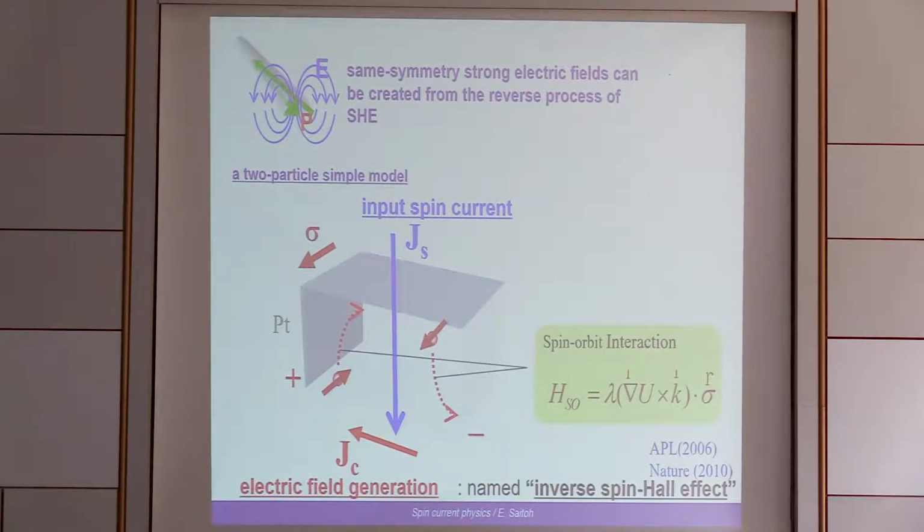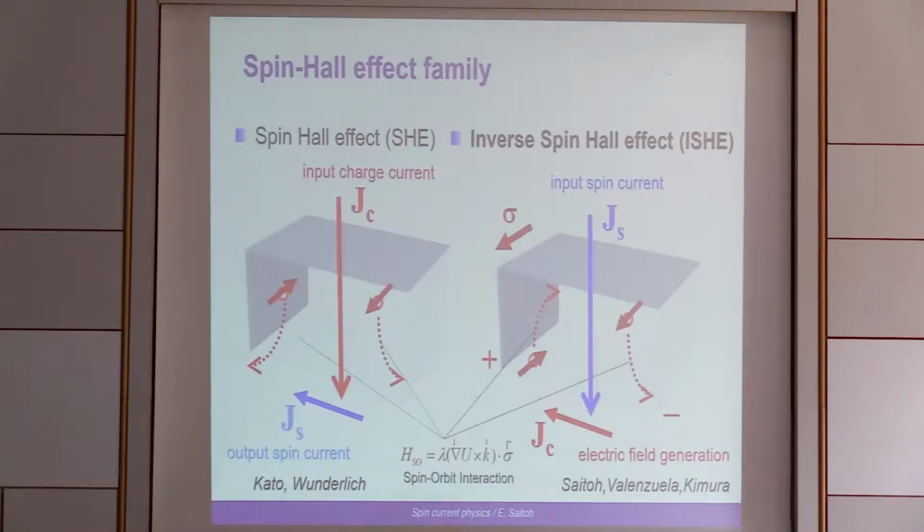We name this the inverse spin Hall effect. This is because this is a reverse process of the famous spin Hall effect. The spin Hall effect is the conversion of charge current into a spin current, in which spin-orbit interaction scatters up spin and down spin into these two directions, a situation in which a spin current is created in this direction.